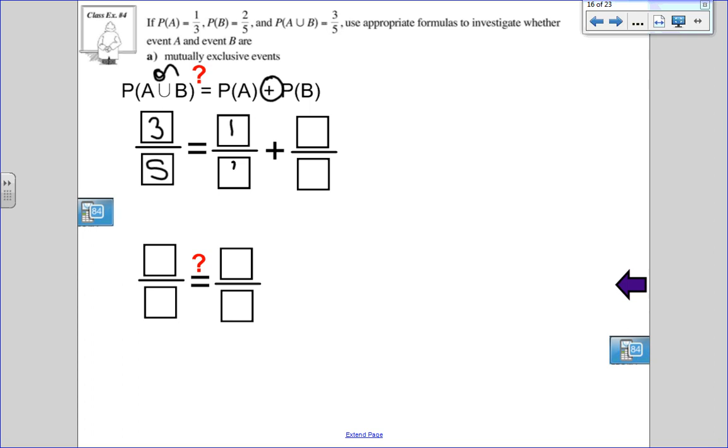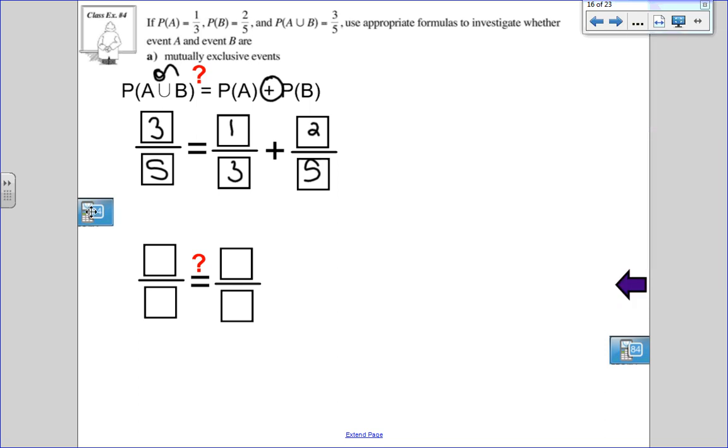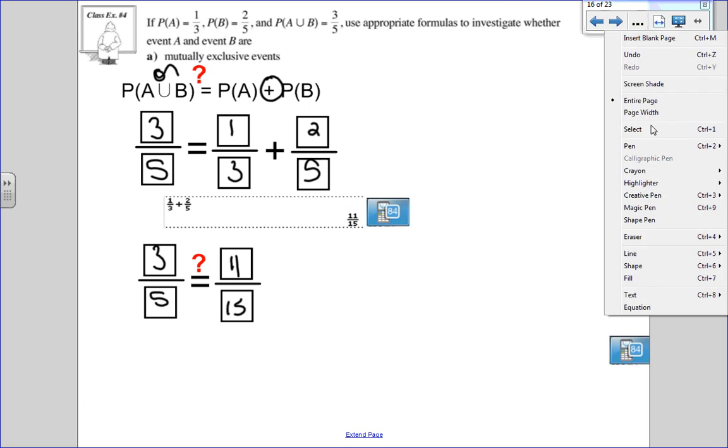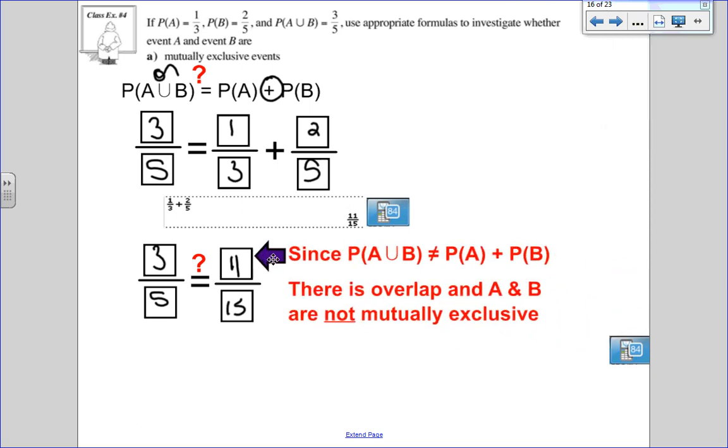A was 1/3, B was 2/5. So I want to know, adding those together, if they are equal. So on my calculator, I'll do 1/3 plus 2/5, which is 11 out of 15. So is 3 out of 5 the same as 11 out of 15? It is not the same. So since it is not the same, there is overlap. Both are happening, so they are not mutually exclusive.